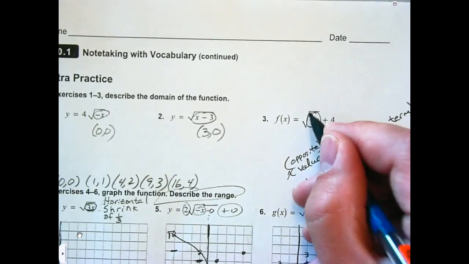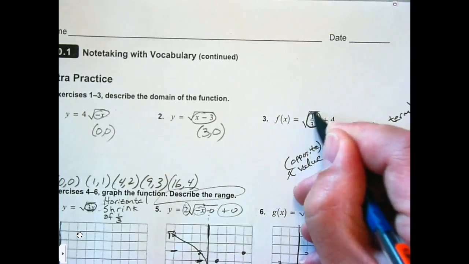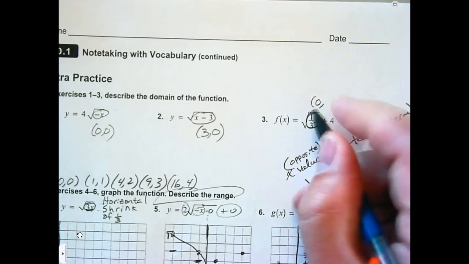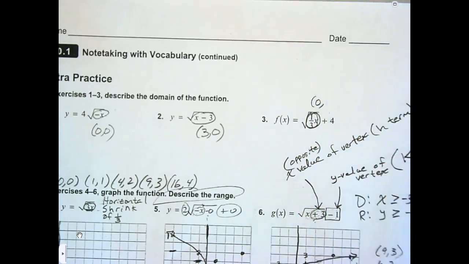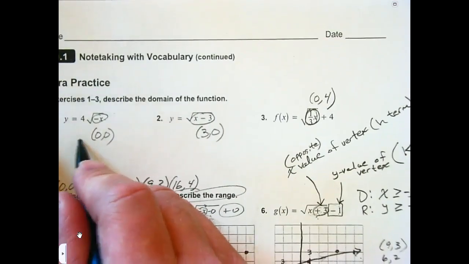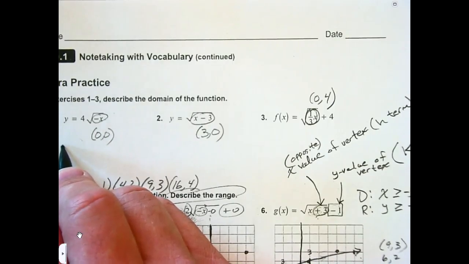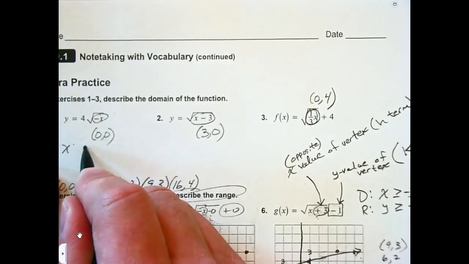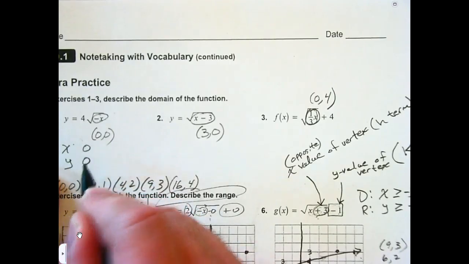Negative. So for x, are we adding anything? No. Y, are we adding anything? Yeah. So this domain would be? X is 0. Y is at 0.